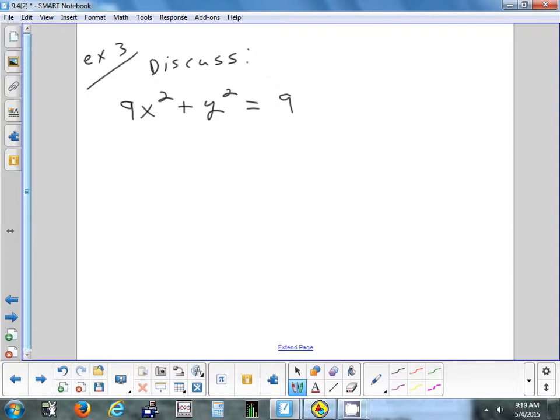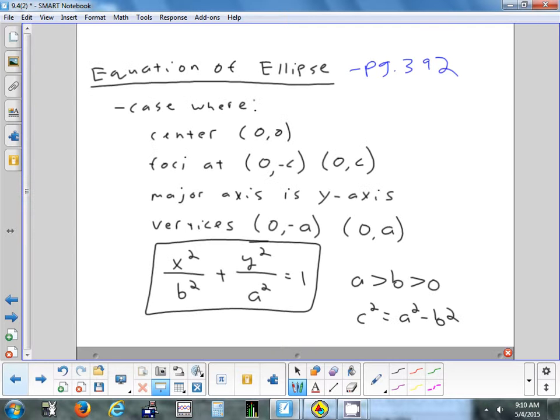Okay, so first thing I want to do is just discuss that equation. Does anybody have any thoughts about what I need to do to this before I can even start to discuss it? It's not ready to discuss yet. It's not written the way it should be. Divide both sides by 9. Yeah, you can divide everything by 9. The equation of an ellipse is always equal to 1.